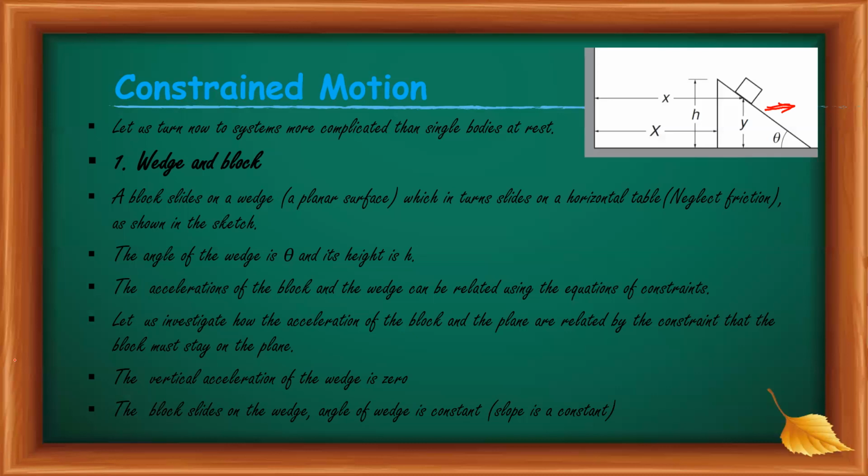So the constraint here is that the slope is a constant. Constraint is a limitation or restriction. So we have to express the slope in terms of the parameters of the wedge and block.